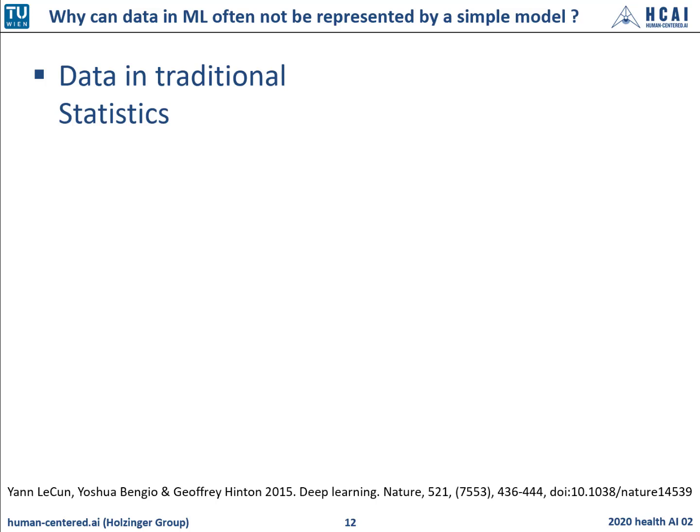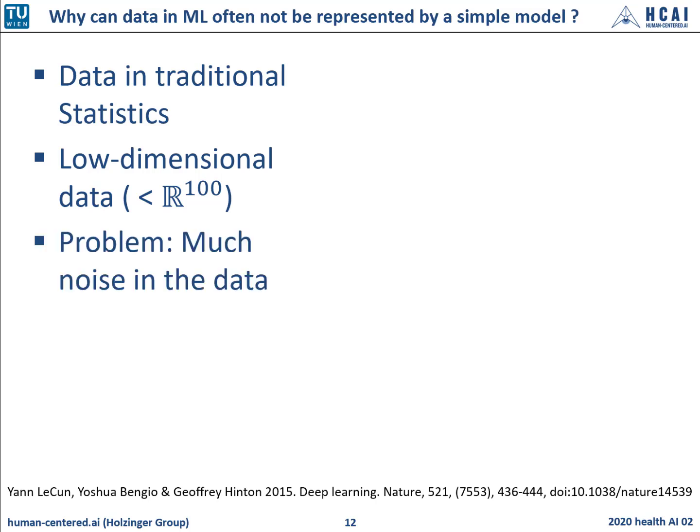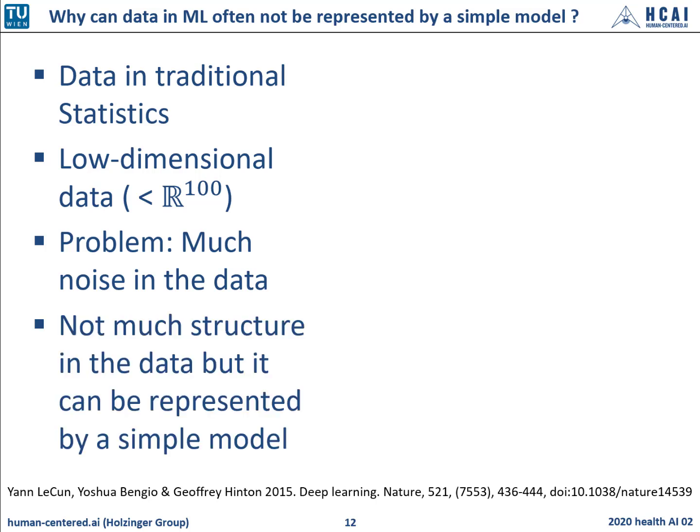So data in traditional statistics is low-dimensional data, often less than R to the power of 100. The problem, you always have much noise in the data, but not much structure in the data, but it can often be represented by a simple model. And a simple model, for example, is linear regression.